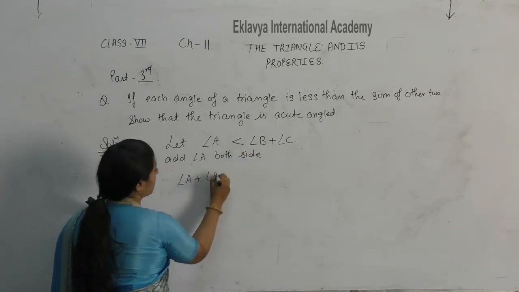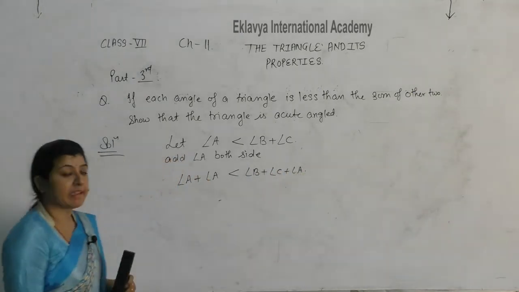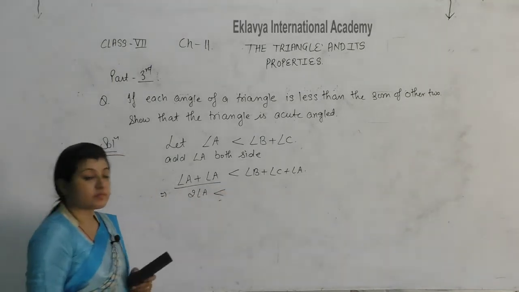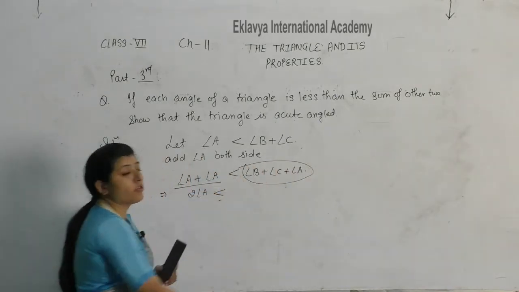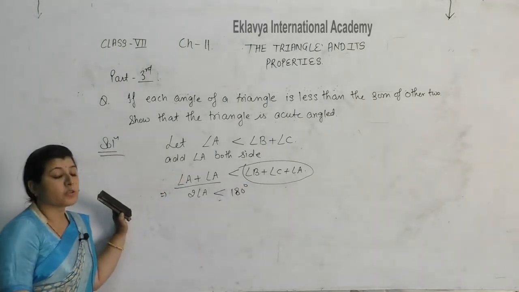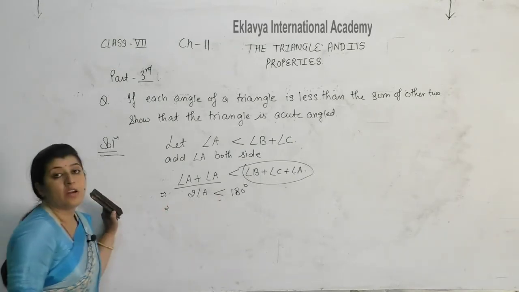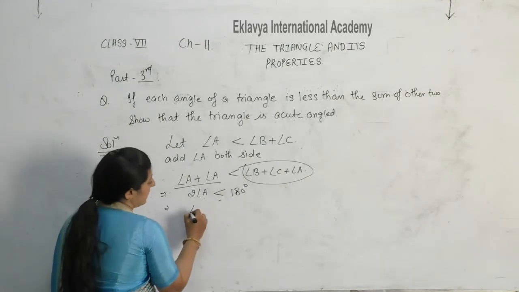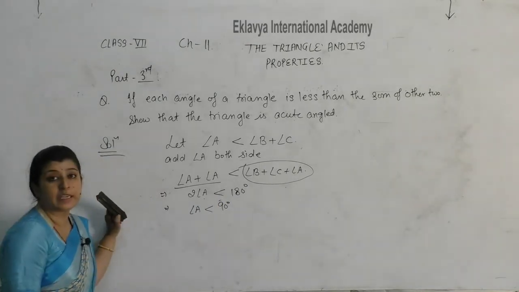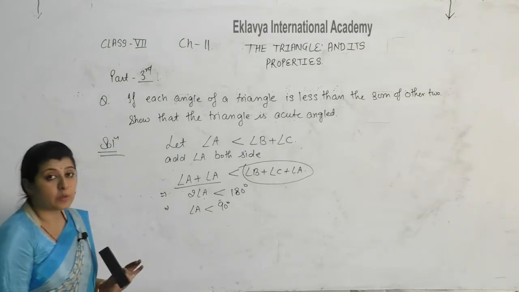Then it becomes angle A plus angle A less than angle B plus angle C plus angle A. Then it becomes 2 of angle A less than the sum of all the angles, and we know that in a triangle the sum of all angles is equal to 180 degree. So we can say according to this, 2 of angle A is less than 180 degree. Divide by 2 on both sides, then it becomes angle A less than 90 degree. This one is an acute angle.